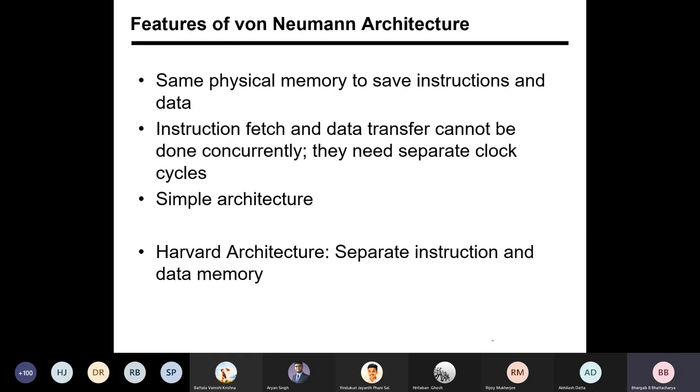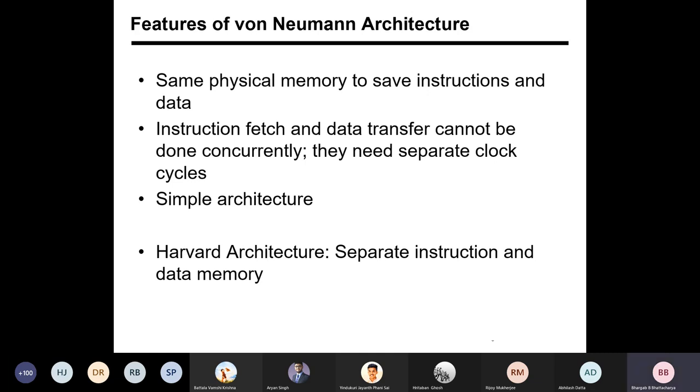Okay, so let me summarize here. What are the features of von Neumann architecture that you have discussed? The same physical memory to save instructions and data. And if you look at them as flat strings, there is no way to distinguish between them.